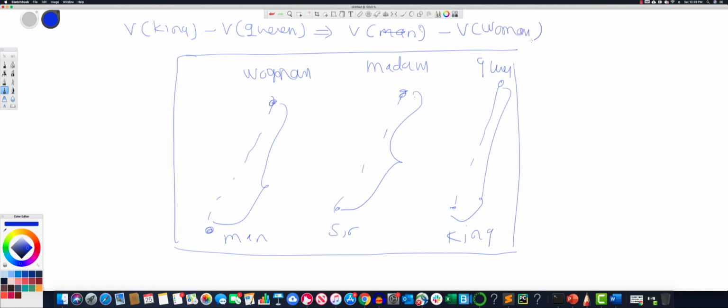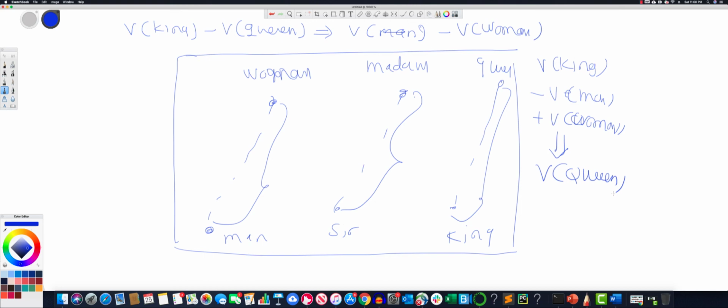Similarly, you can also do vector of king minus vector of man plus vector of woman. This should give you a vector which is very close to vector of queen. So you see how word vectors yield interesting properties that can be exploited using algebraic equations.